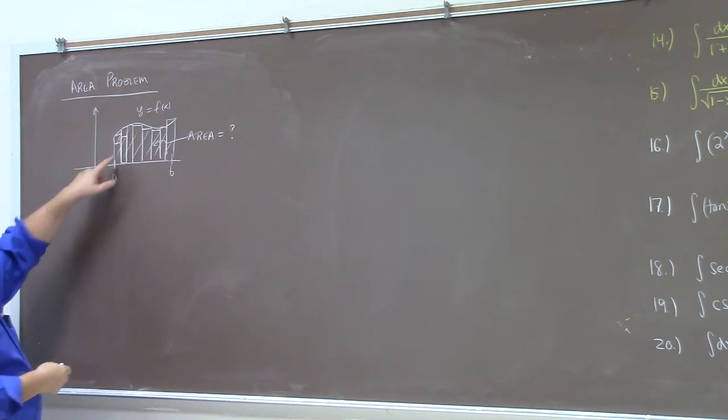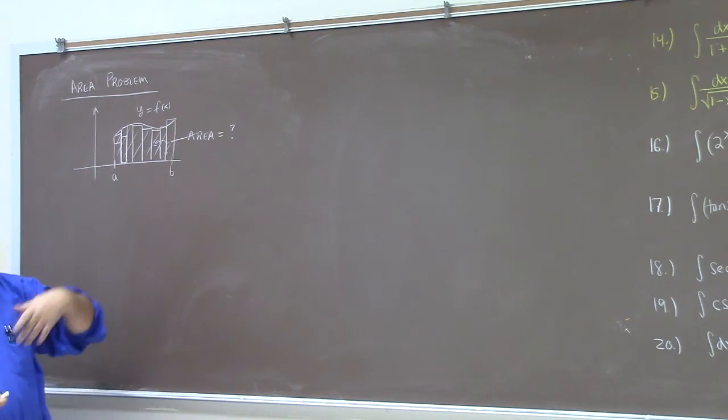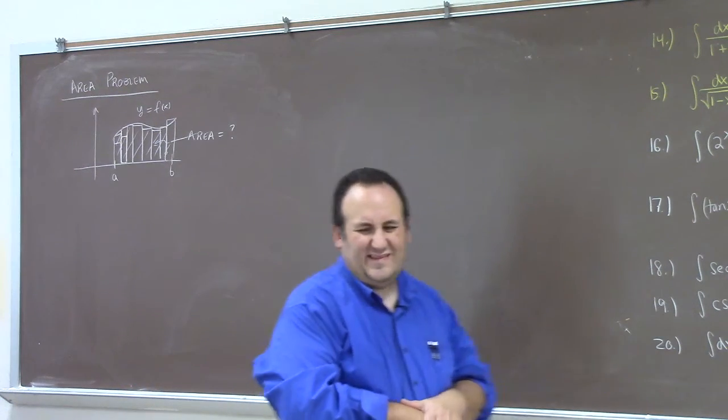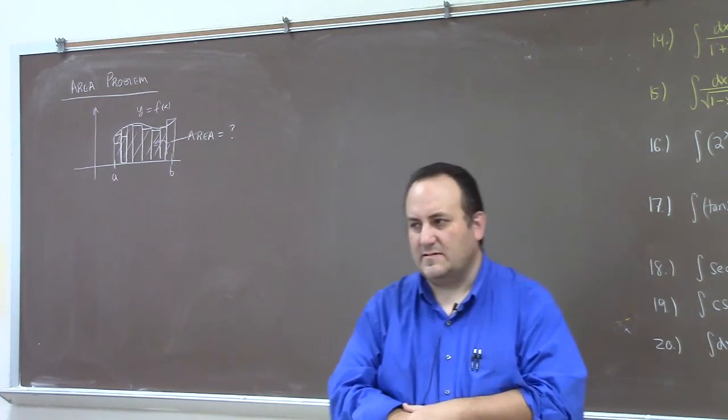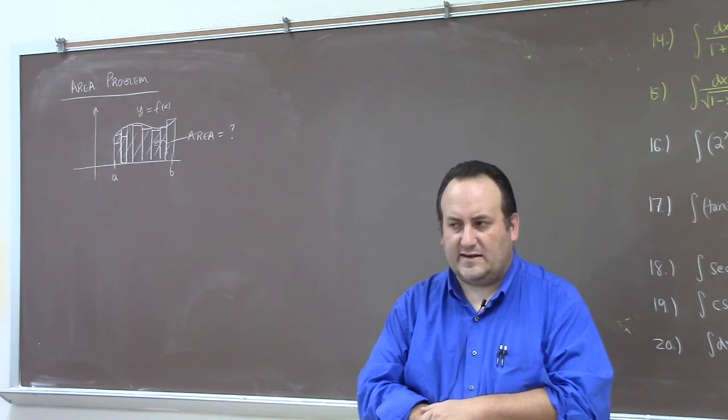If I could find the area of this one, this one, this one, this one, this one, this one, this one, and this one, add those up, that would give me a pretty good approximation to the area under the curve, right? That's the idea. But again, it's a profound mystery what on earth that has to do with anti-differentiation.